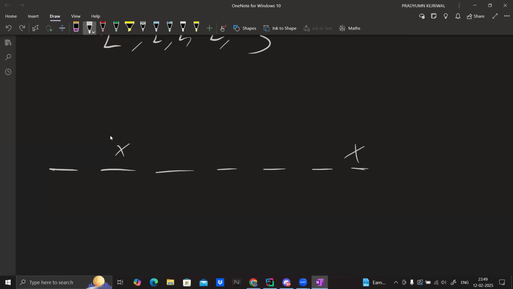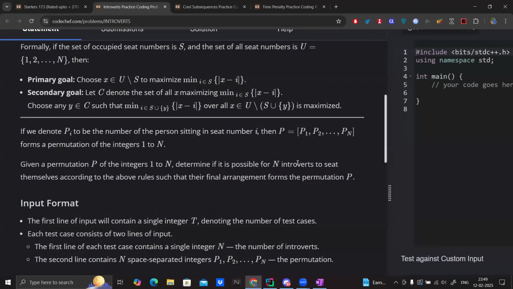So basically, they are saying that the first person, let's say, sat here, then the second one sat here, the third one here, then the fourth, fifth, sixth, and seventh. So this is the final arrangement, and it is a permutation, right? That's what they are saying.